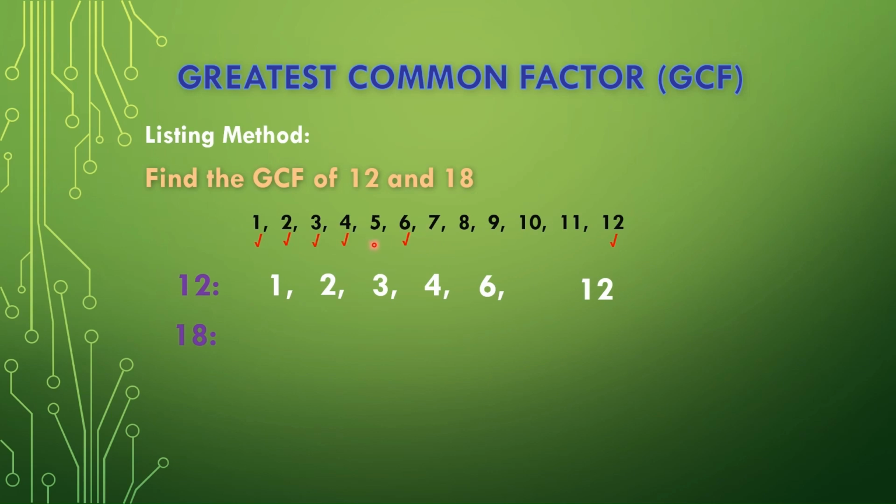Next is 5. 5 is not a factor of 12 because when you divide 12 by 5, it doesn't result in a whole number. Remember, factors are numbers that evenly divide another number without leaving a remainder. Let's divide 12 by 5.